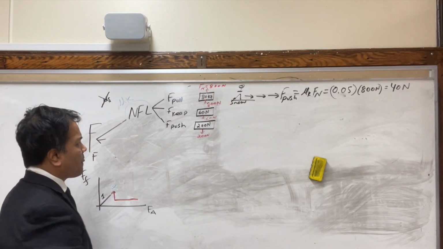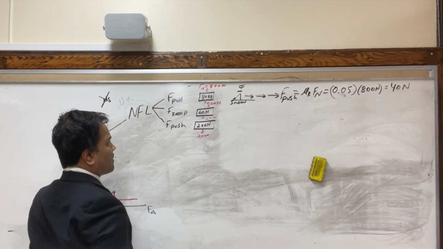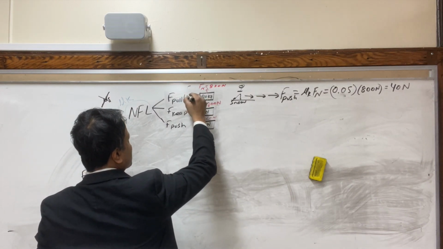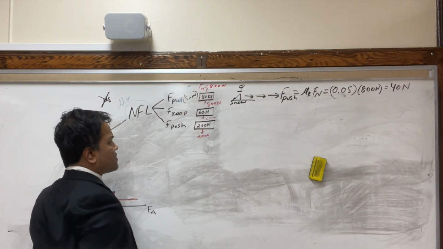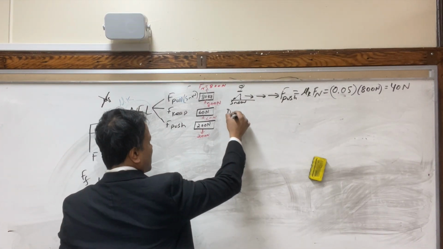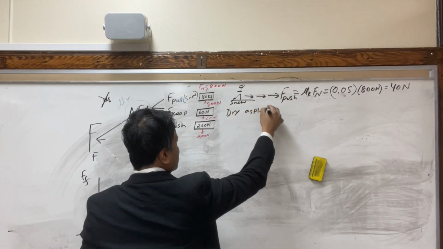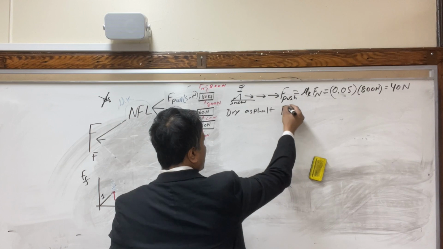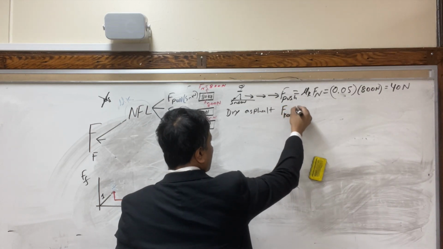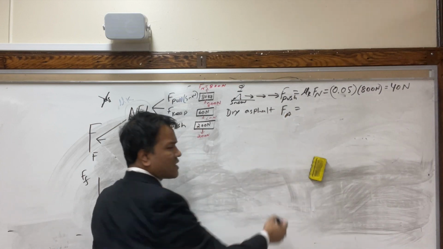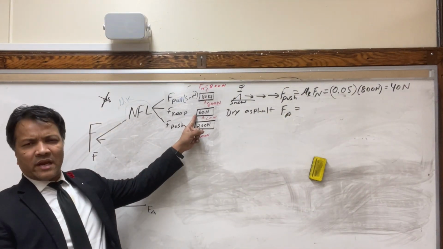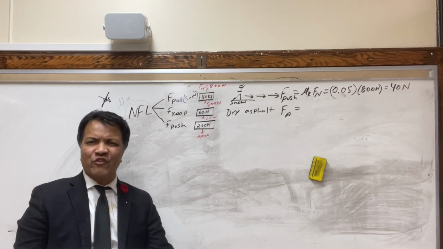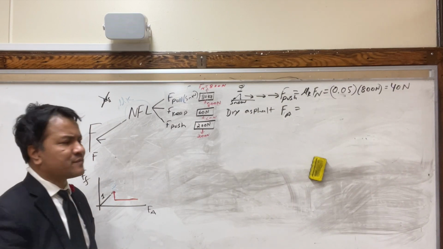The second one, instead of snow, now change the surface. Now I'm going to use the dry asphalt. What would be the applied force needed so you can keep the weight at constant velocity as it moves on the dry asphalt?